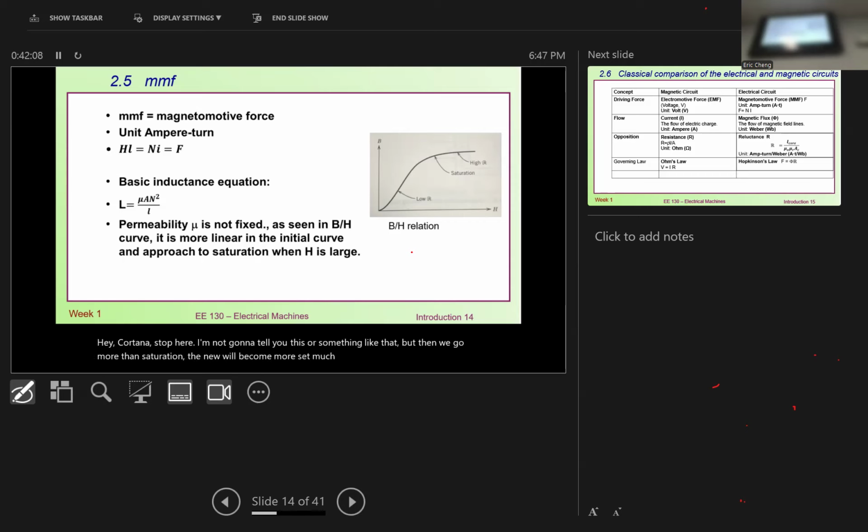For instance, a magnetic core may have a mu of 1,000, but when we increase the current and the inductor gets into saturation, the mu gets lower and lower. That means the performance of the inductor gets worse.